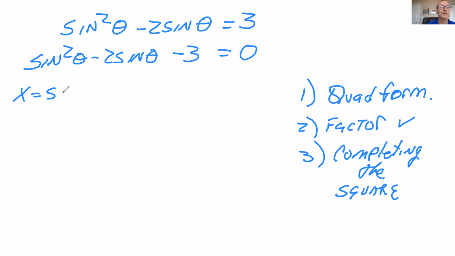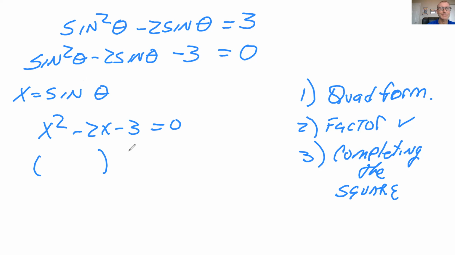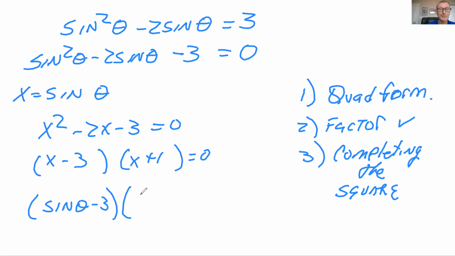Set x equals sine of theta, and you'd see we end up with x squared minus 2x minus 3. That factorization, which we just did, looks like x minus 3 times x plus 1. Then I plug sine back in, so this would be sine of theta minus 3, and this would be sine of theta plus 1, and that would equal 0.